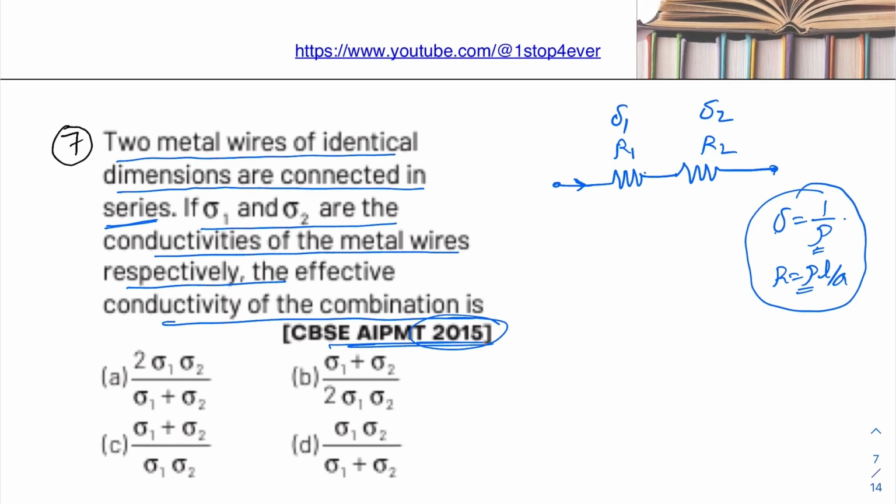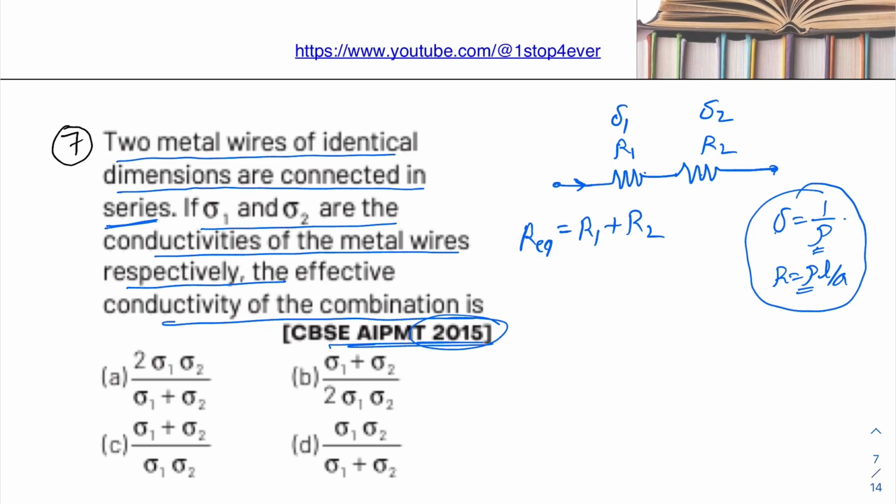Now from here what can we write for the equivalent resistance? Because these two are connected in series, we can simply write R1 plus R2. Everything is the same, length and area are the same for both materials. Any doubt?